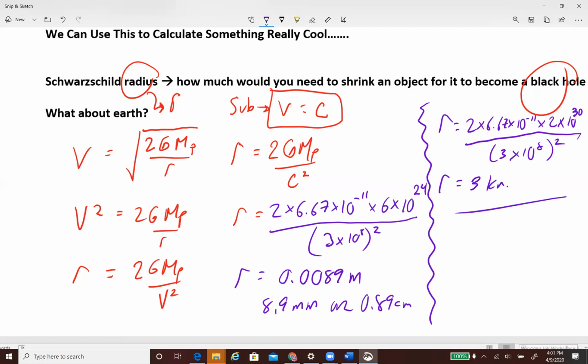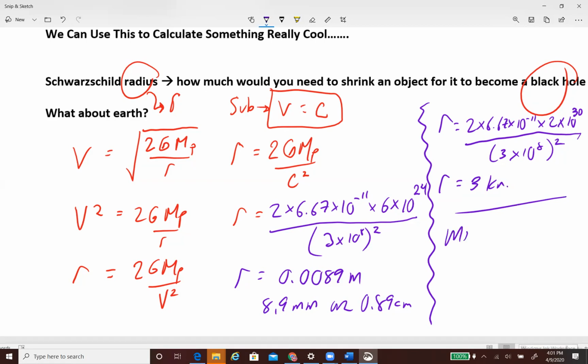What's interesting, and if you want to figure this out, because I tried and it was a little bit confusing, is I was trying to do this exact same thing with Messier 87.